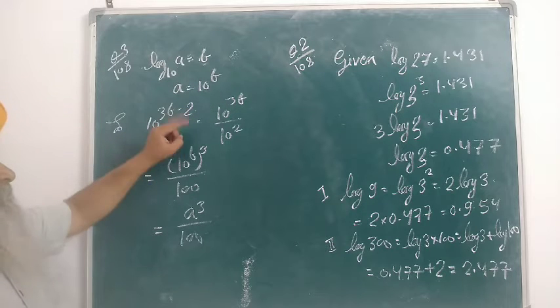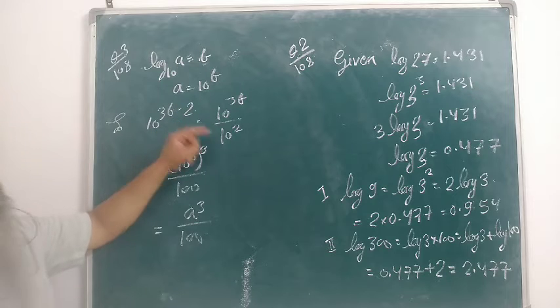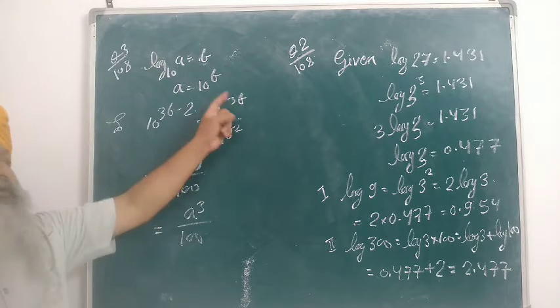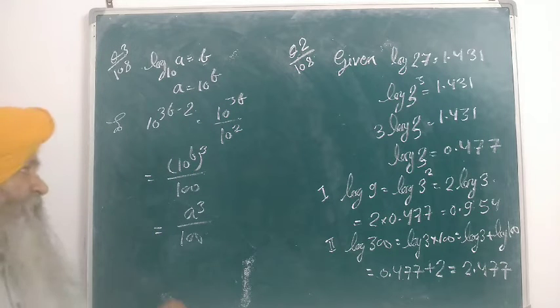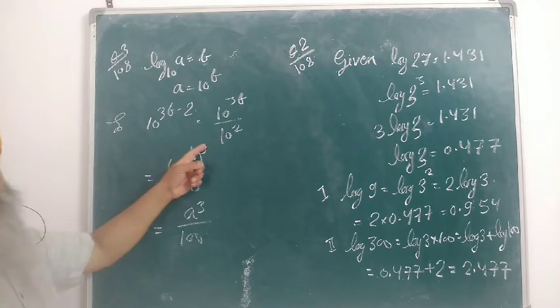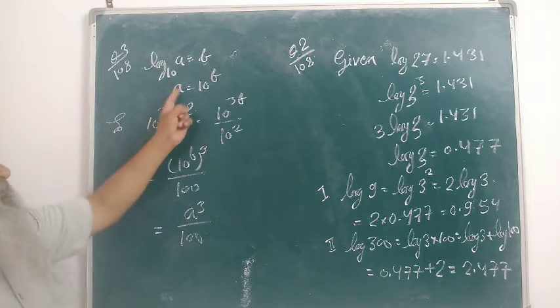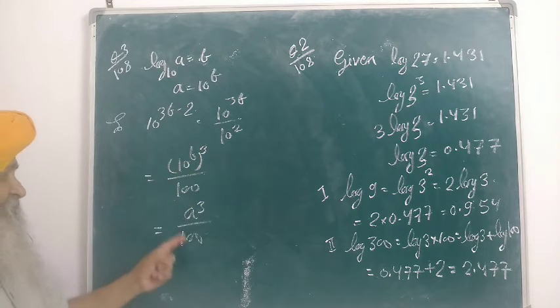Now 10 raised to 3b minus 2 can be written as 10 raised to 3b upon, because it was minus, division, 10 to the power 2, what is that, square. Now 3 into b, and in indices multiply comes when power is multiplied, so you take 10 to the b raised to the power 3. Now what is 10 to the b? a. So in place of this I had written a, this 3 as it is, this 100 as it is.